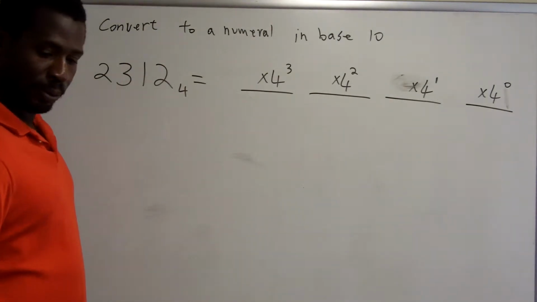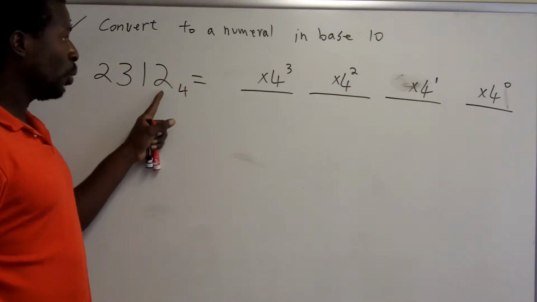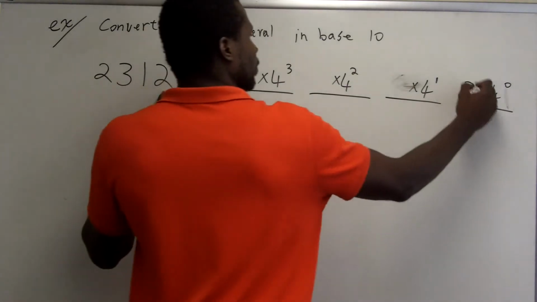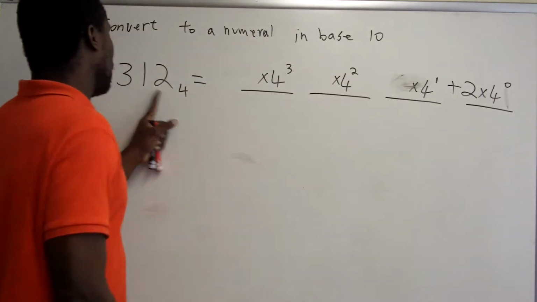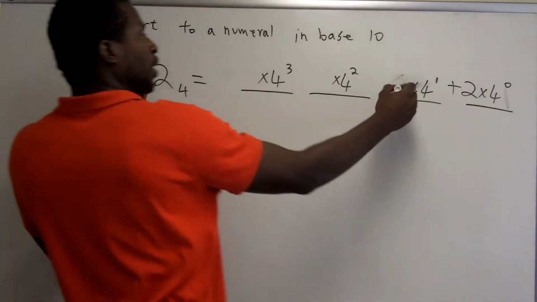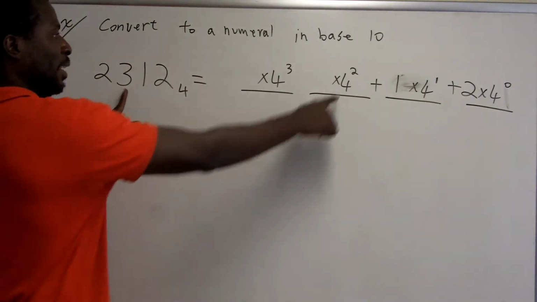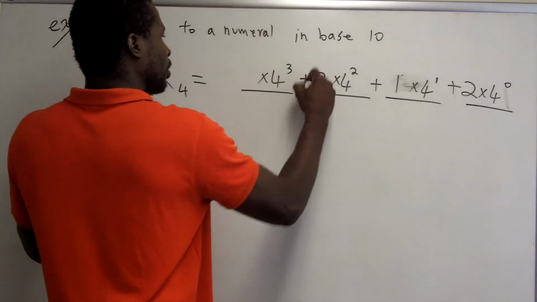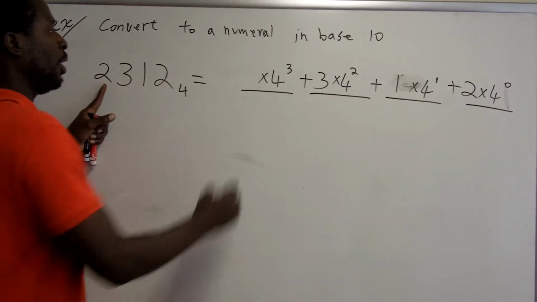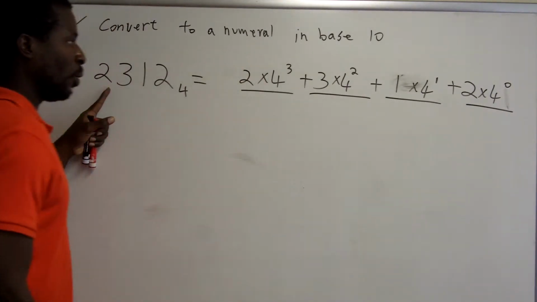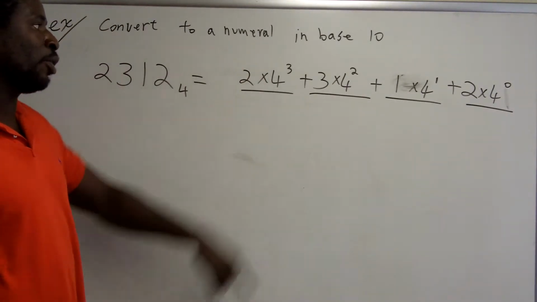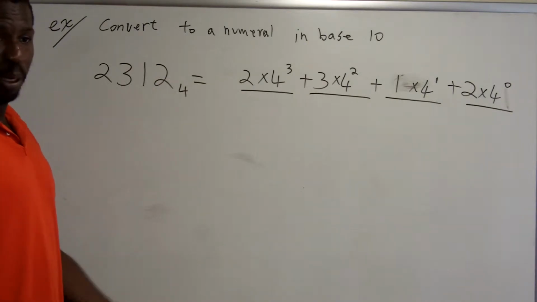We only need these 4 because we only have 4 digits in this number. So the 2 is in the ones place, plus a 1 in the fours place, plus a 3 in the 16s place, plus a 2 in the 64s place.